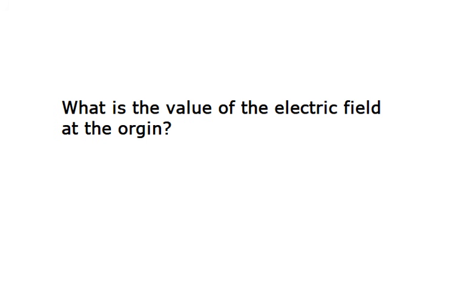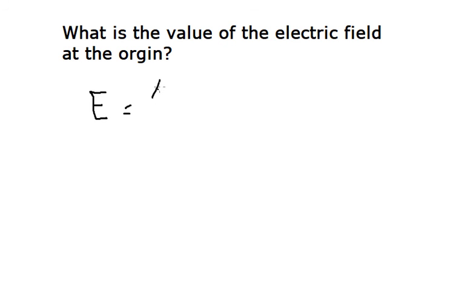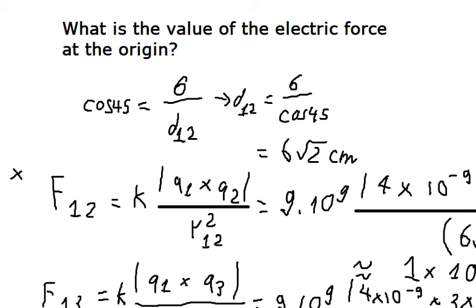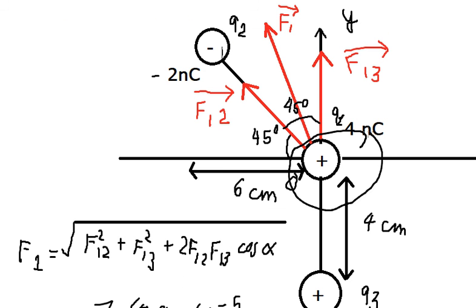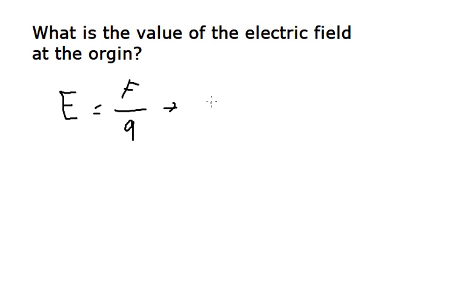Now let's go to the question B. The question asks, what is the value of the electric field? So the formula is E equals F divided by Q. So we just find origin, that's this one. So in this situation, we have E number 1 equals F number 1 divided by Q number 1.